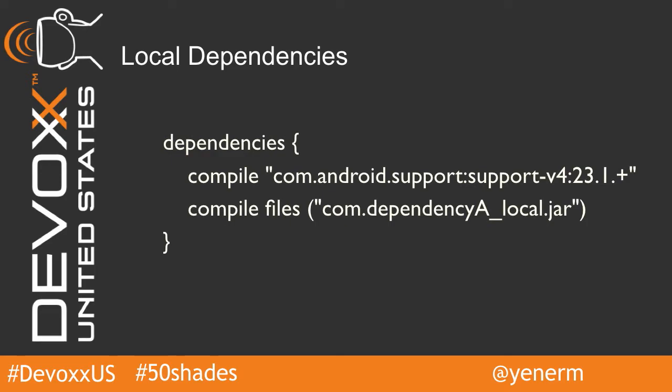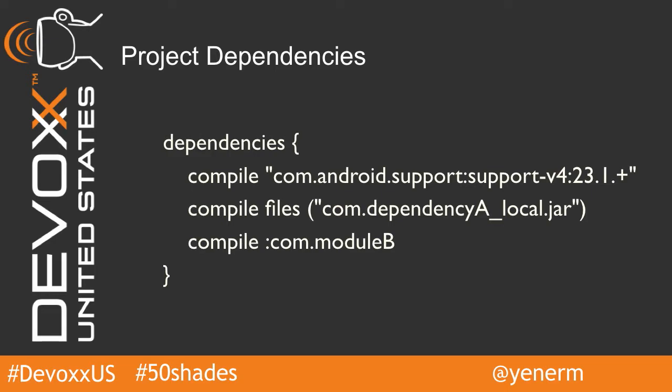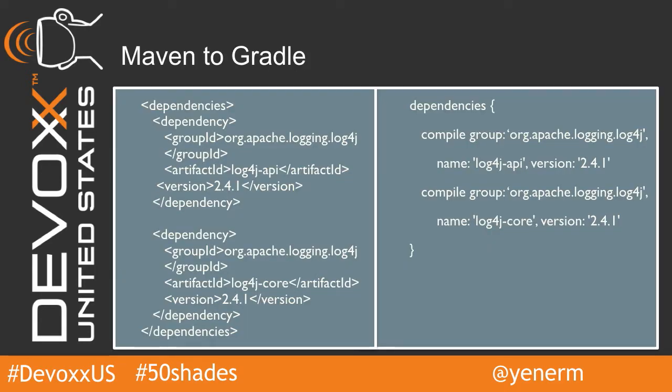If you have local files, you can use compile files and use them as dependencies. You can also use workspace modules as dependencies, so you will be debugging and using the same code in the IDE. Basically, a Maven configuration on the right side becomes the one on the left when we copy everything to Gradle.